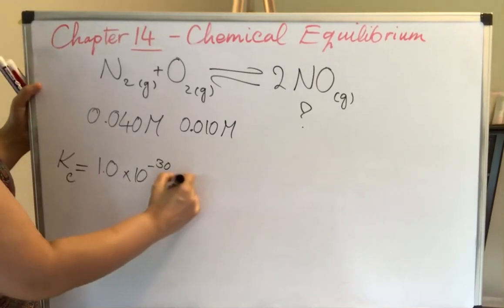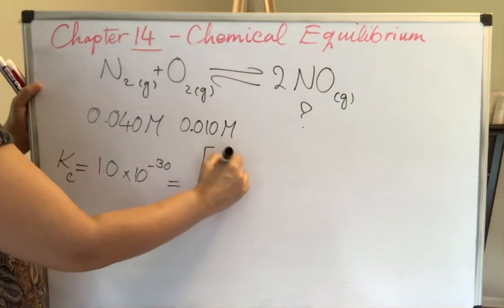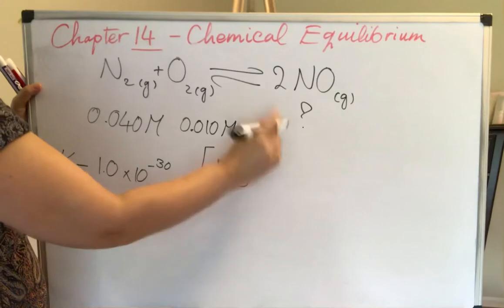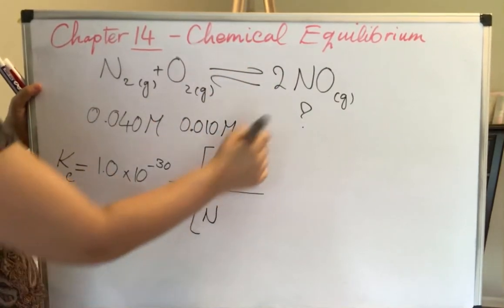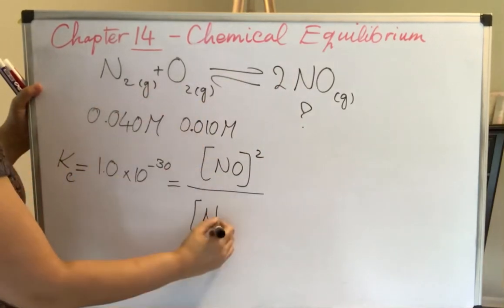How do you write Kc for this equation? It's the molar concentration of NO squared because of the coefficient, over N2 times O2, and we are careful, all of them are gases, so we can't leave any out.